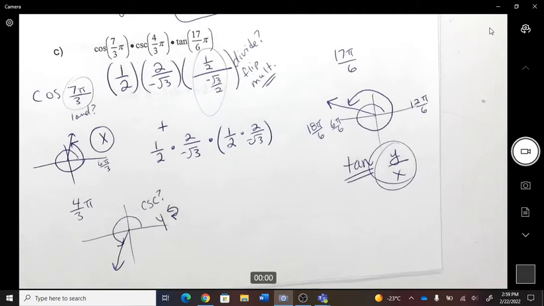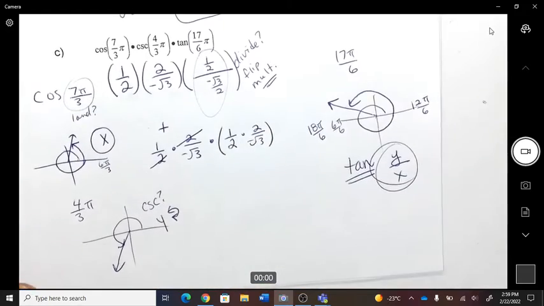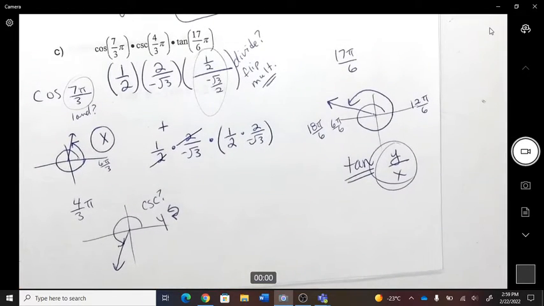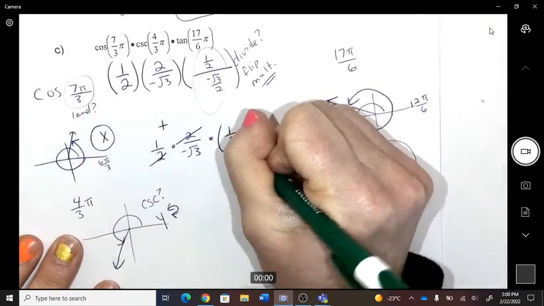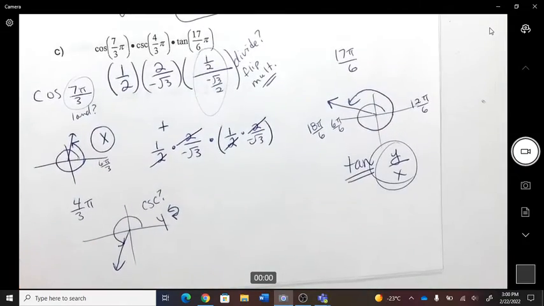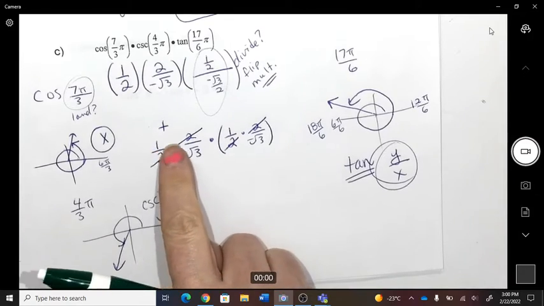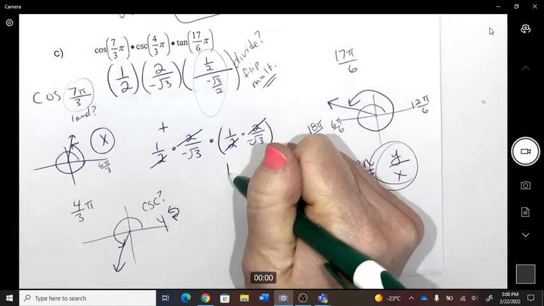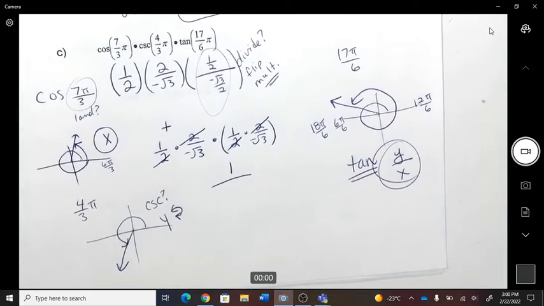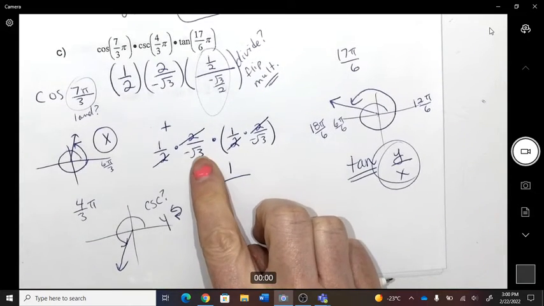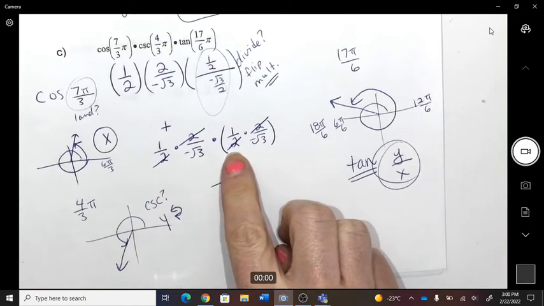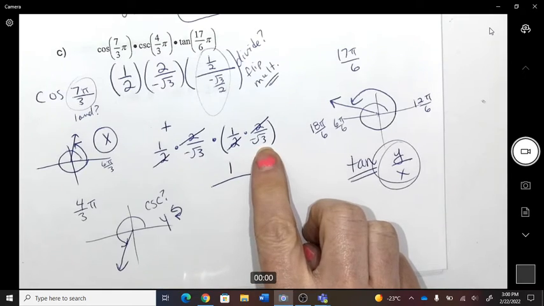Okay, I think that I can cancel a 2 and a 2 from the top and bottom. I can also cancel that 2 with that 2 because it's a top bottom. So the whole top comes out to 1. And what is a root 3 times another root 3 going to make?